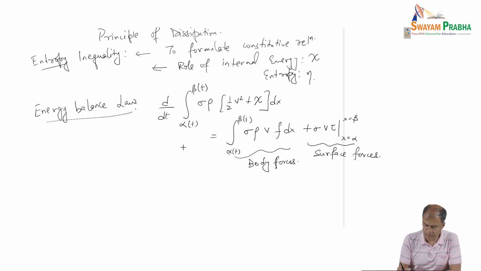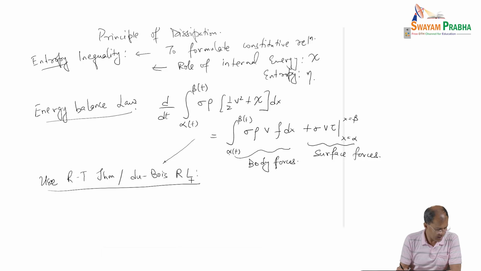From this relation we can directly use the Reynolds transport theorem and the Du Bois-Reymond lemma to arrive at rho d chi/dt, where our internal energy is now taken as the variable chi, equal to tau times partial v partial x.